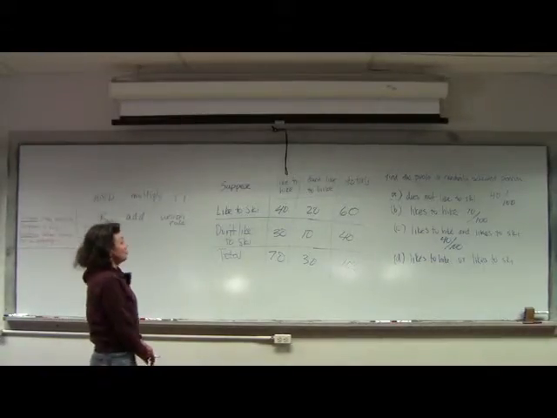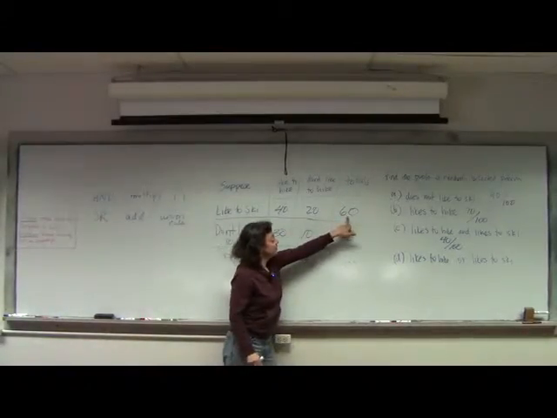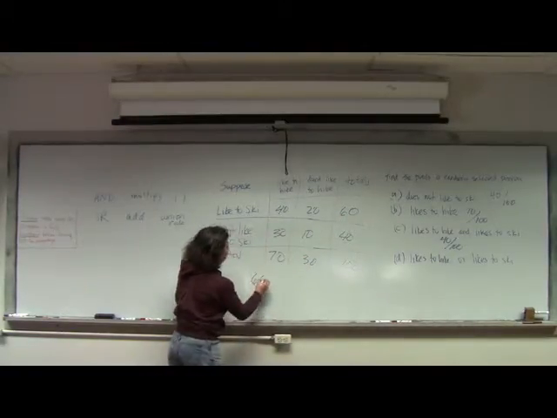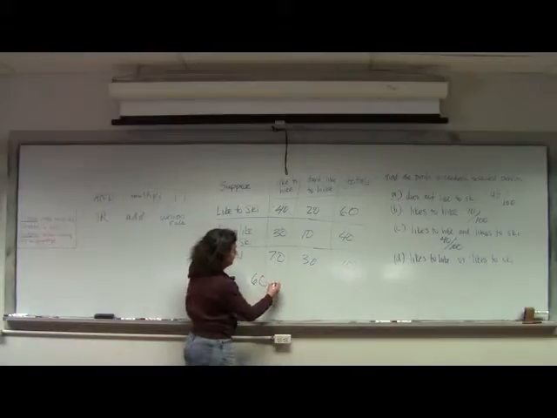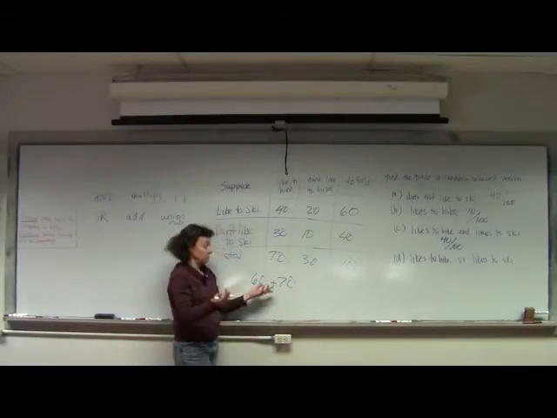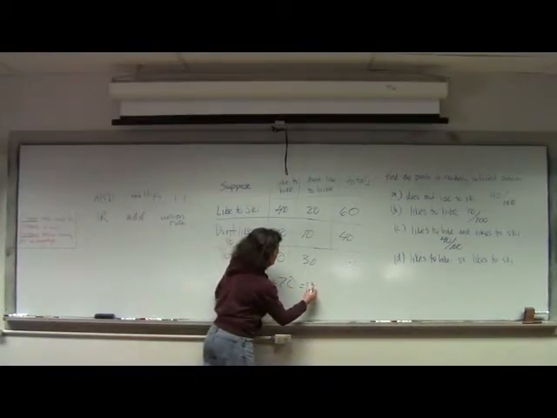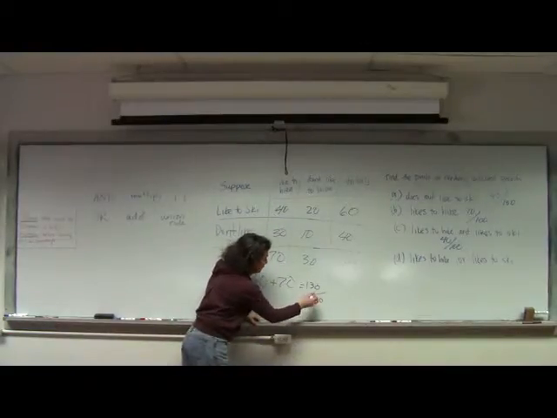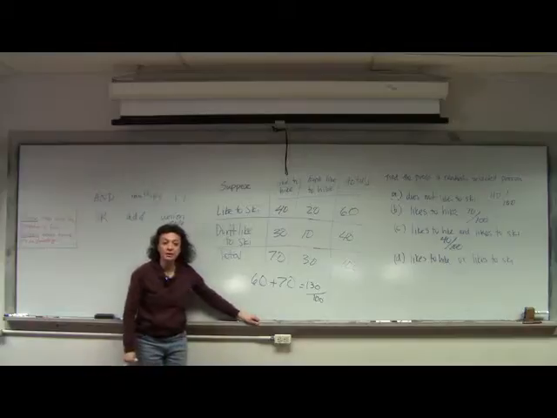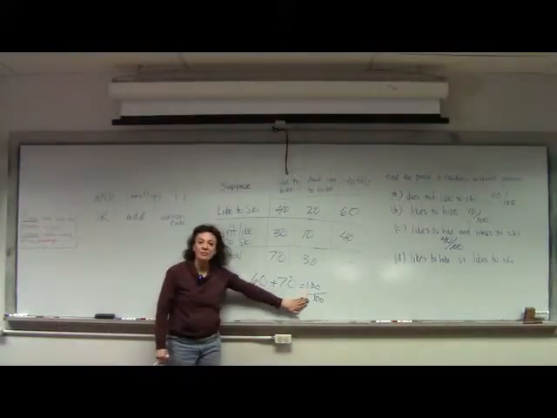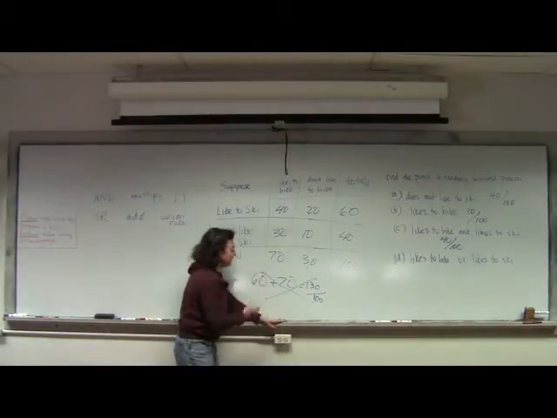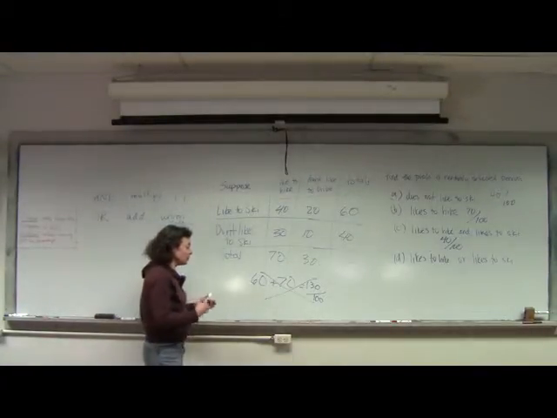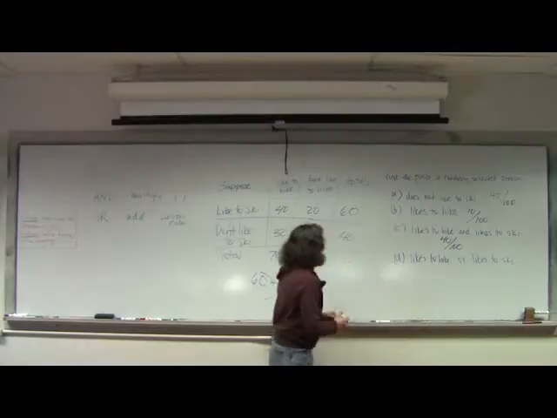For example, could you say, well, 60 people like to ski, 70 people like to hike, add them up to get 130 over 110? Or, excuse me, over 100? No, absolutely not. Number one, you can't have a probability greater than 1. That's nonsense.